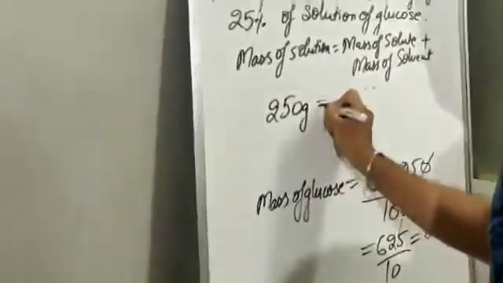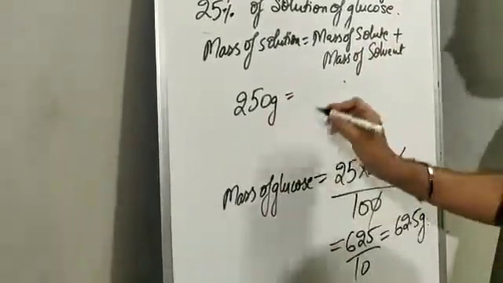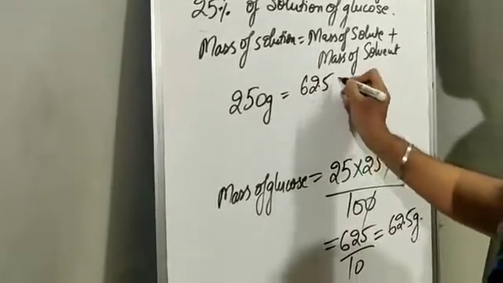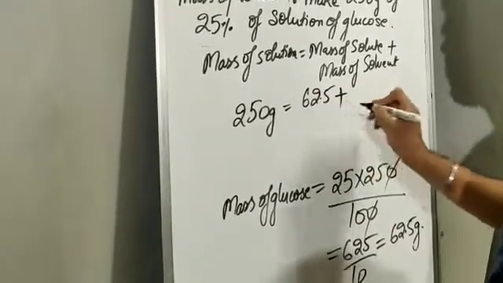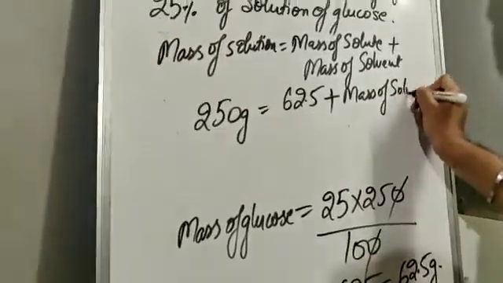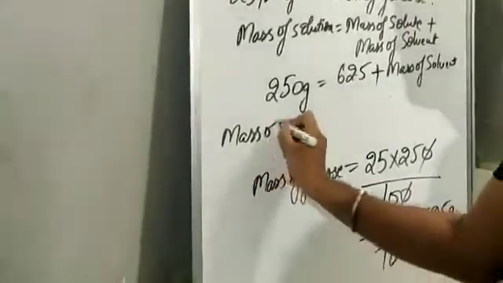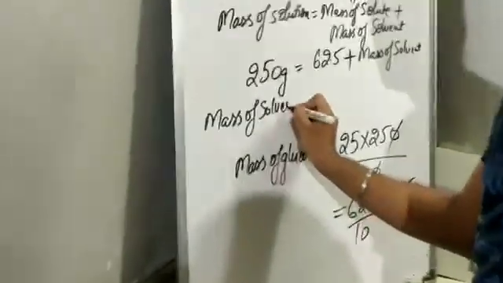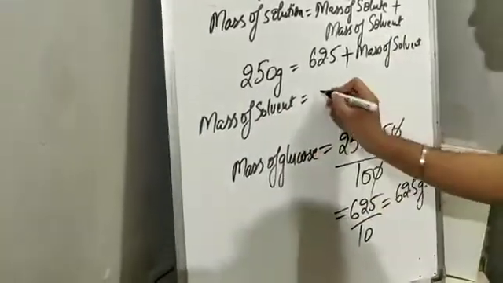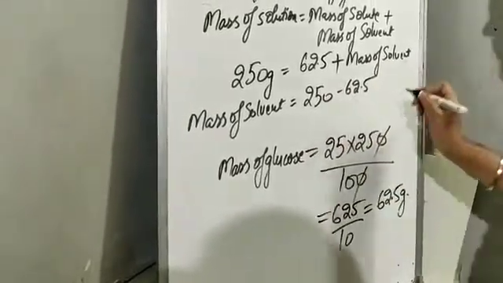So 250 gram is equals to mass of solute, mass of glucose, that is 62.5, plus mass of solvent. So mass of solvent is 250 minus 62.5.